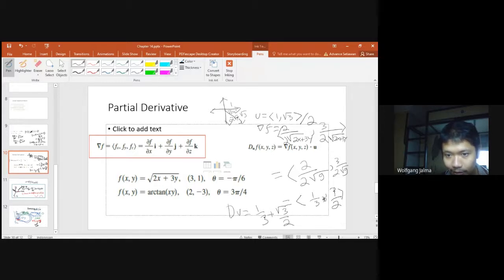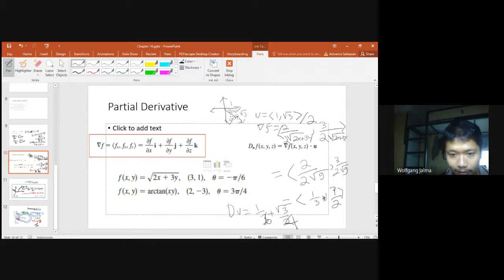So this one and 1 over 6, square root of 3 over 4. Am I making a mistake again? Okay, so it's right. Okay, good. Clear, right? Everybody understands? Please reply.